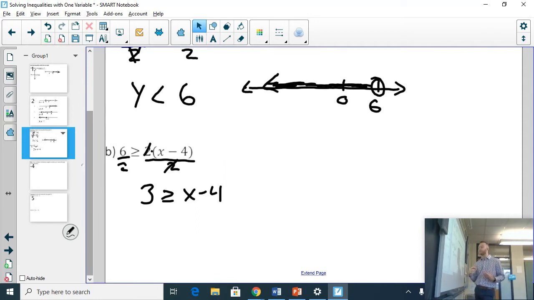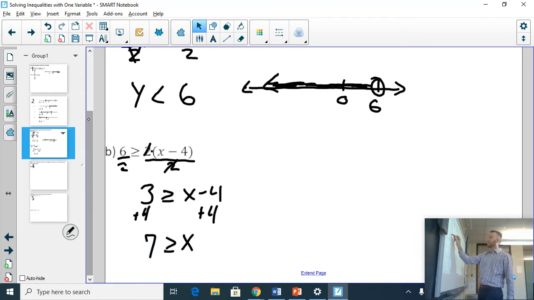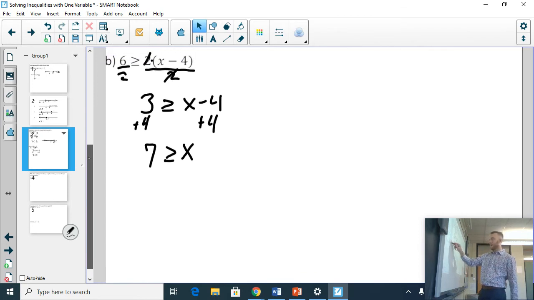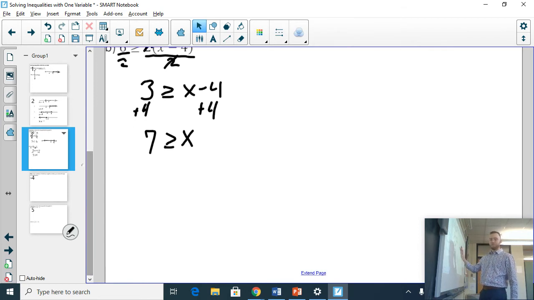And so now it's a lot easier to solve. Right now we just add the 4 over to the other side. So then we're going to be left with x on the right side, and 3 plus 4 is 7 on this side. And then I never like leaving my x that way on these inequalities. So I'm going to switch it around.